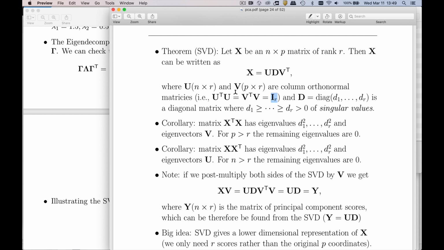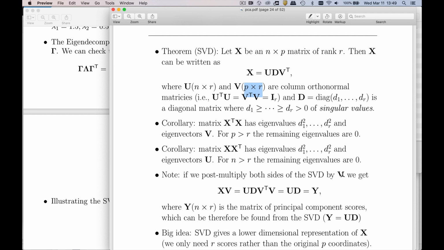They have to be different because the dimensions are different. This is an n by r matrix, this is a p by r matrix, but they share the same set of eigenvalues.